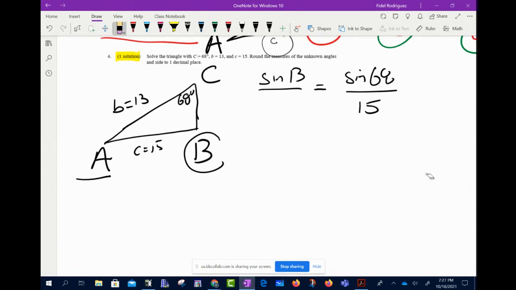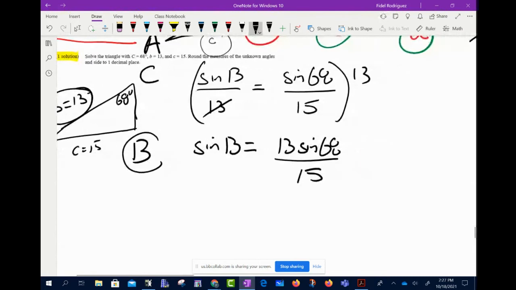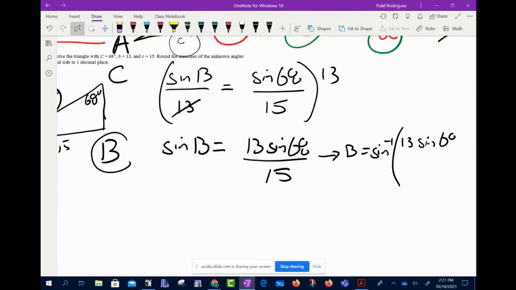I'll make this number a 13, because that's my side B. Just like before, I multiply everything by 13 so I can cancel this out, and we get 13 sine of 68 degrees over 15. To find angle B, we take the sine inverse of 13 sine of 68 over 15.